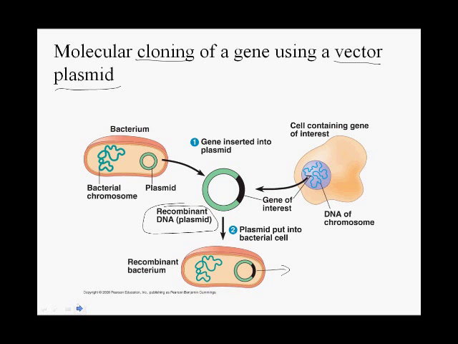So the definition of a vector in terms of molecular cloning or recombinant DNA technology is a molecule that can carry or propagate a targeted DNA segment of interest in living cells. And the most common vector used by molecular biologists and genetic engineers is the bacterial plasmid.